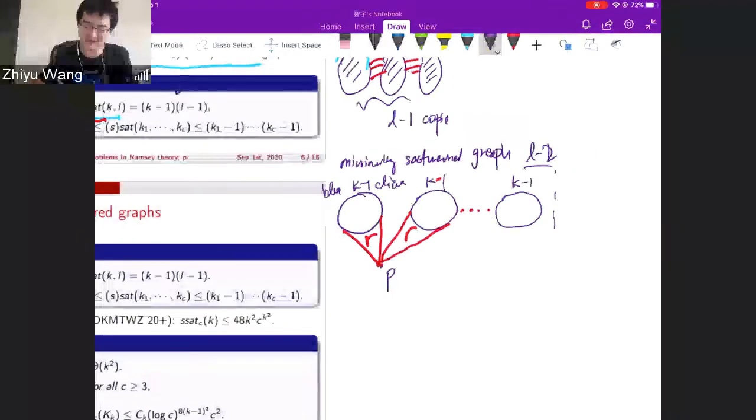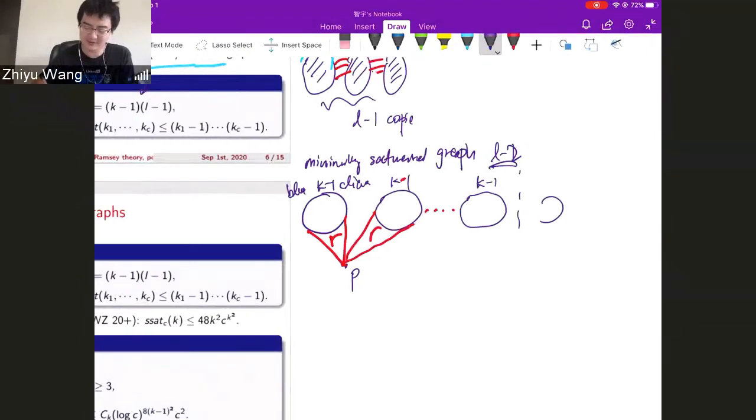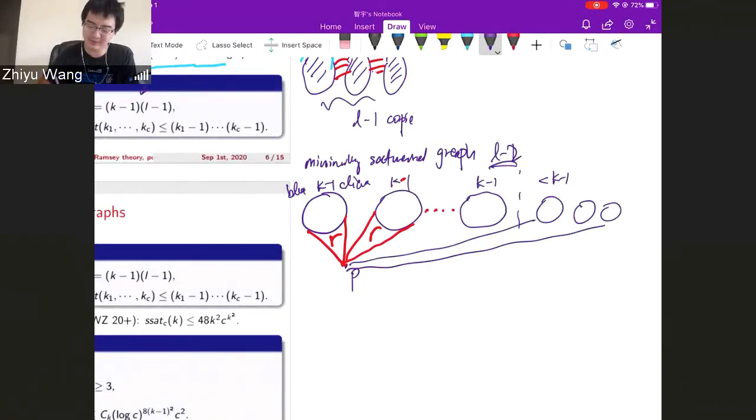If it doesn't have L-1 such clicks, let's say L-2 such clicks, so basically all the other clicks are of size smaller than k-1, and I can create this P and link all of P with blue colors. And then you can add this P into the graph.